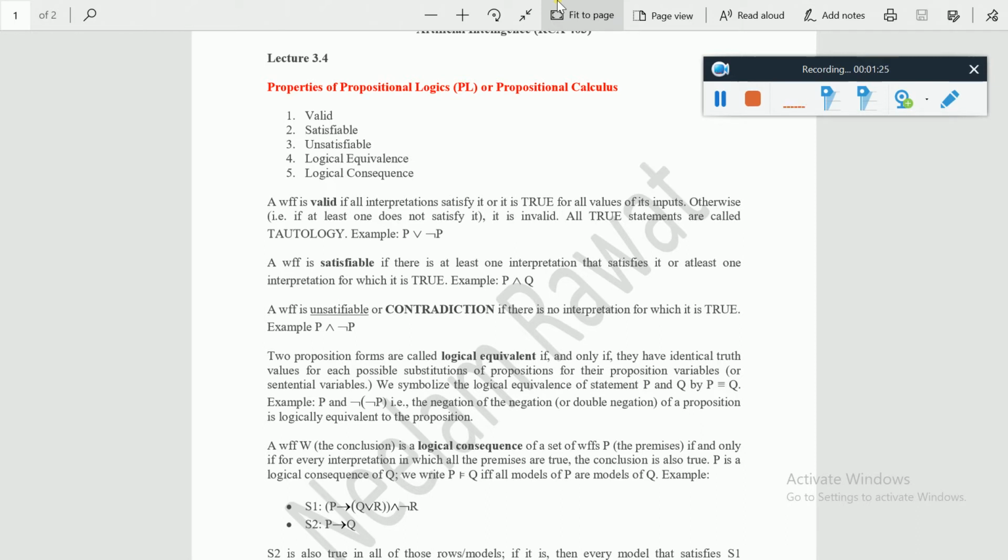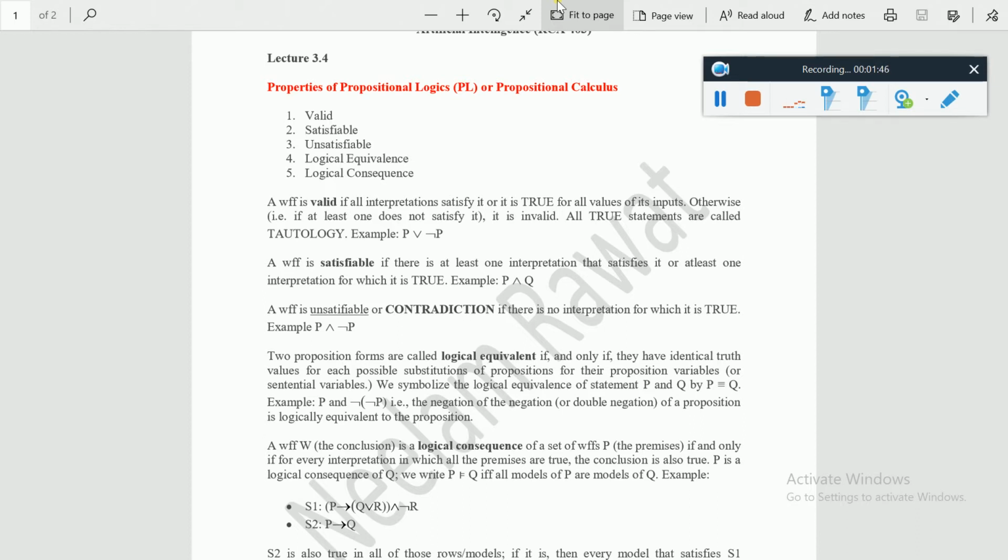And an invalid sentence: if at least one interpretation does not satisfy it, then we call such a statement an invalid statement. Now the second property is satisfiable.